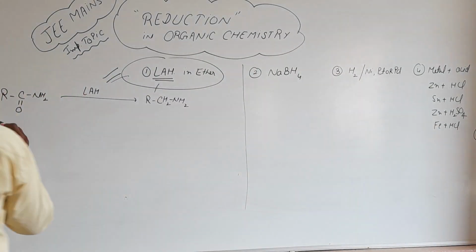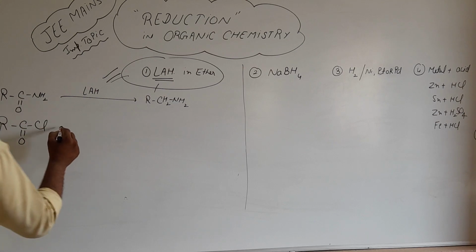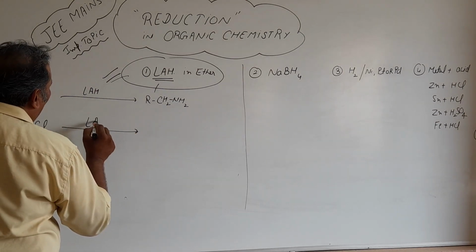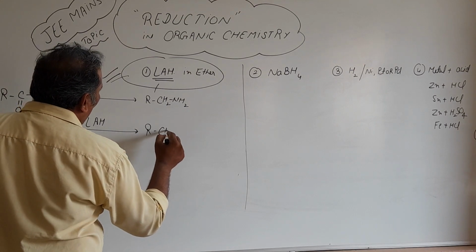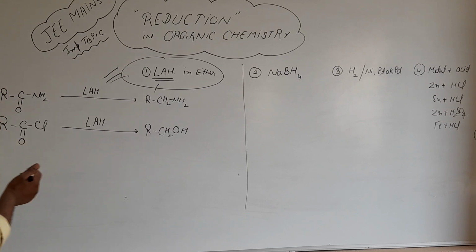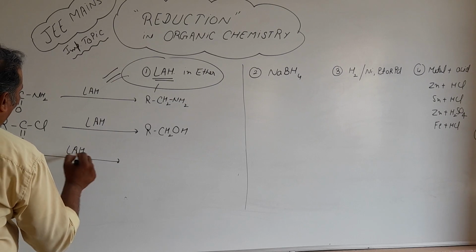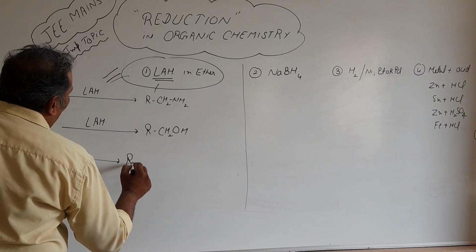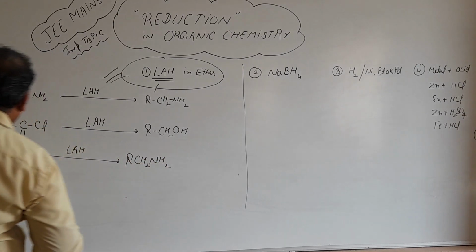Second, if we are using RCOCl, acid halide, in the presence of lithium aluminum hydride it gets converted into alcohol having the same number of carbons as in the acid halide. If we are using cyanide, it gets reduced into amine, RCH2NH2, meaning 1 degree amine.